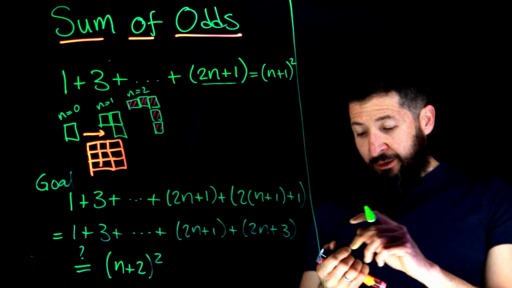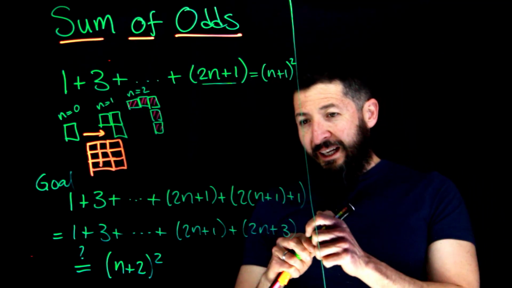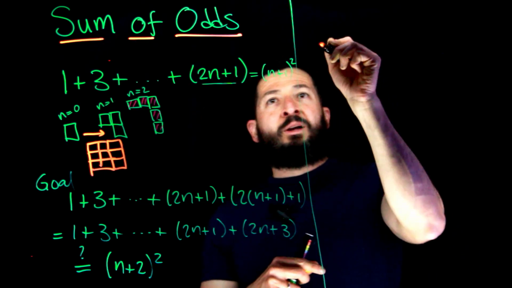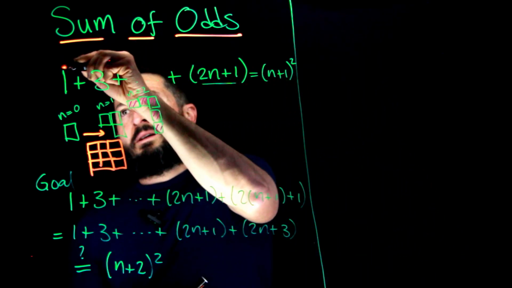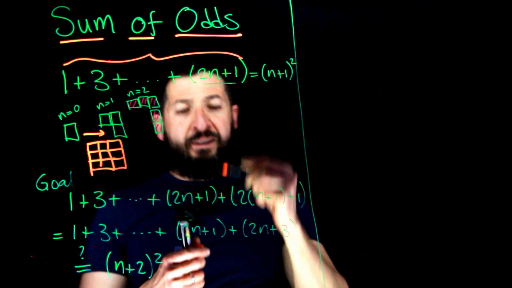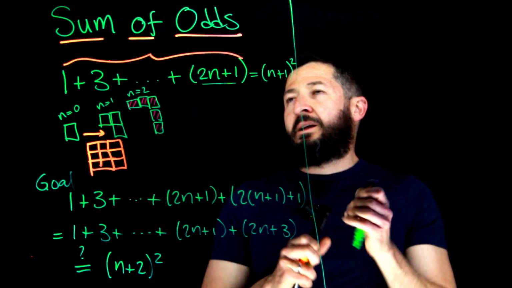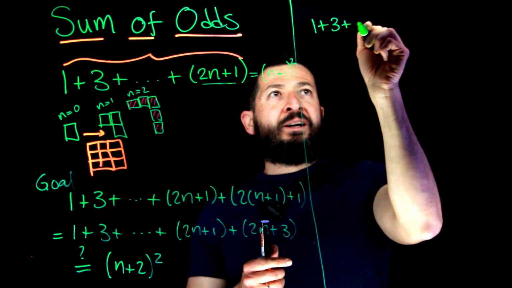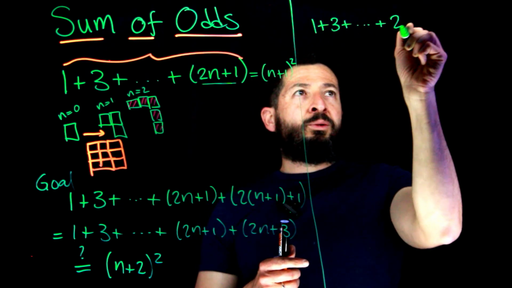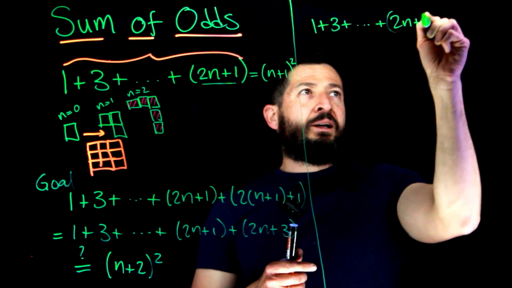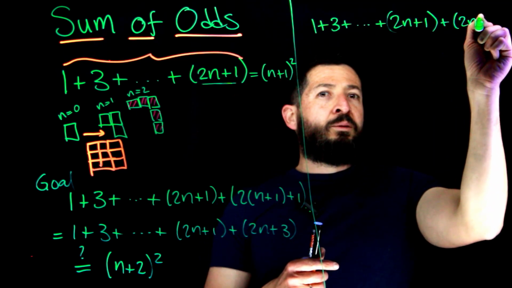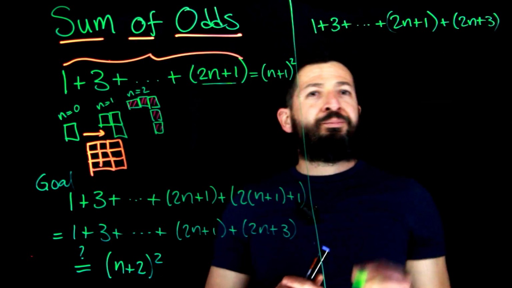So let's go ahead and see how you do it. I'm going to go ahead and write my left-hand side. I want to write it as 1 plus 3 plus 5 plus all the way out to 2n plus 1, and I want to add the extra term that we determined was 2n plus 3.